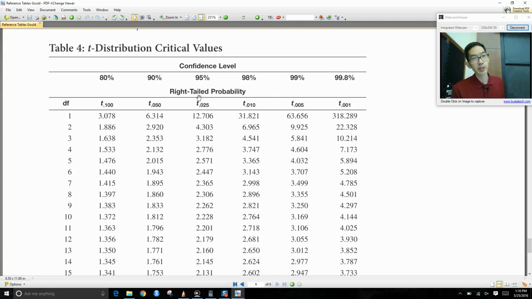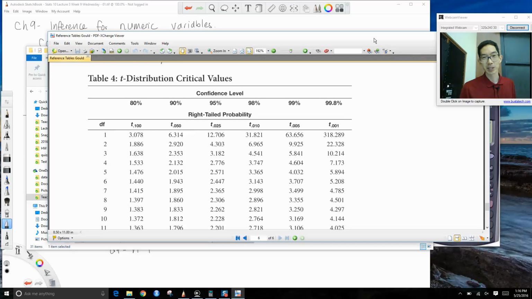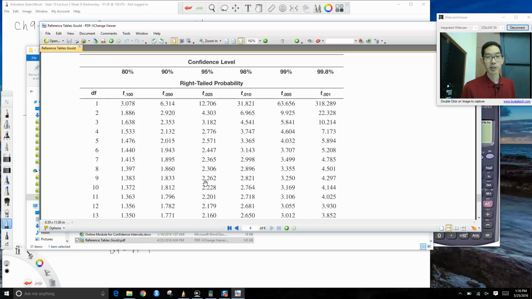Because of the way the t-table is set up, we can only create confidence intervals with 80%, 90%, 95%, 98%, or 99%. We would not be able to create a 92% confidence interval, but that's fine, I don't think very many people would ever ask for one. So you just look that up.